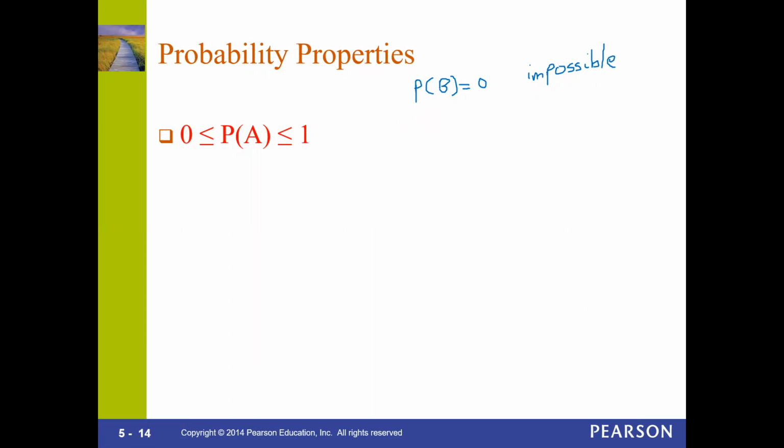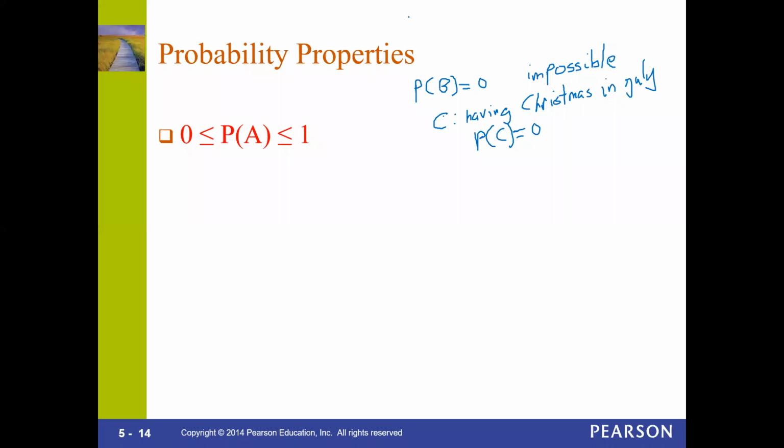Let's just say, given the event, suppose the event C is having Christmas in July. So as you can see, the probability of C is impossible. You can say that will be 0.